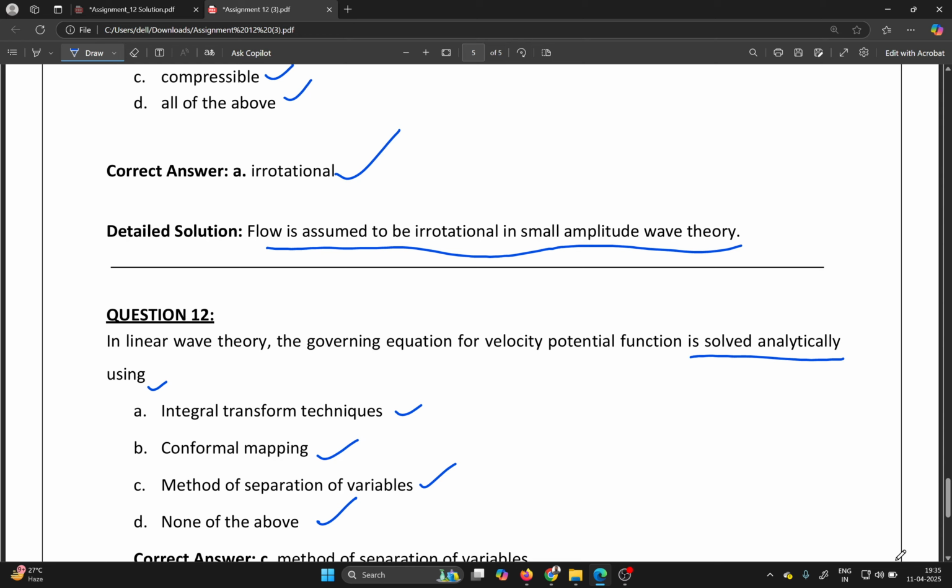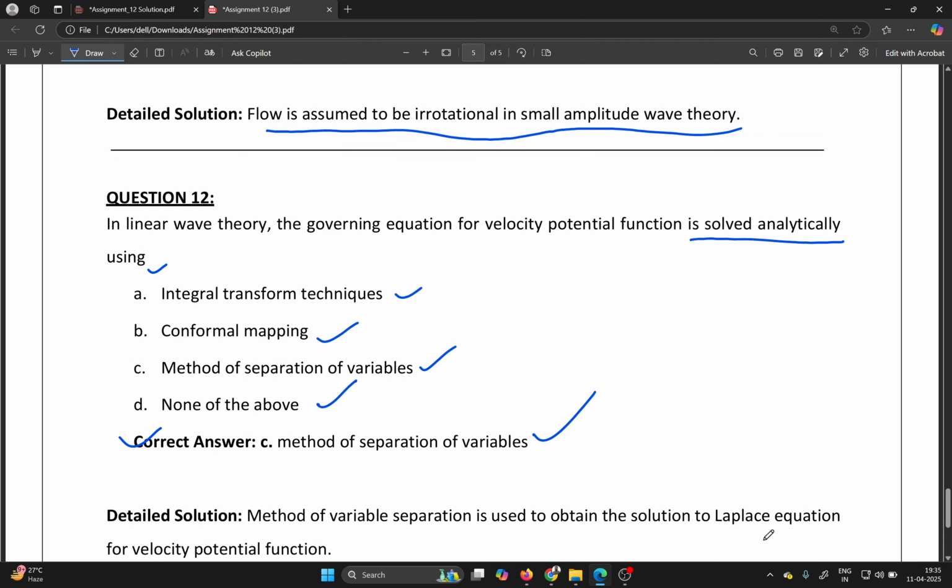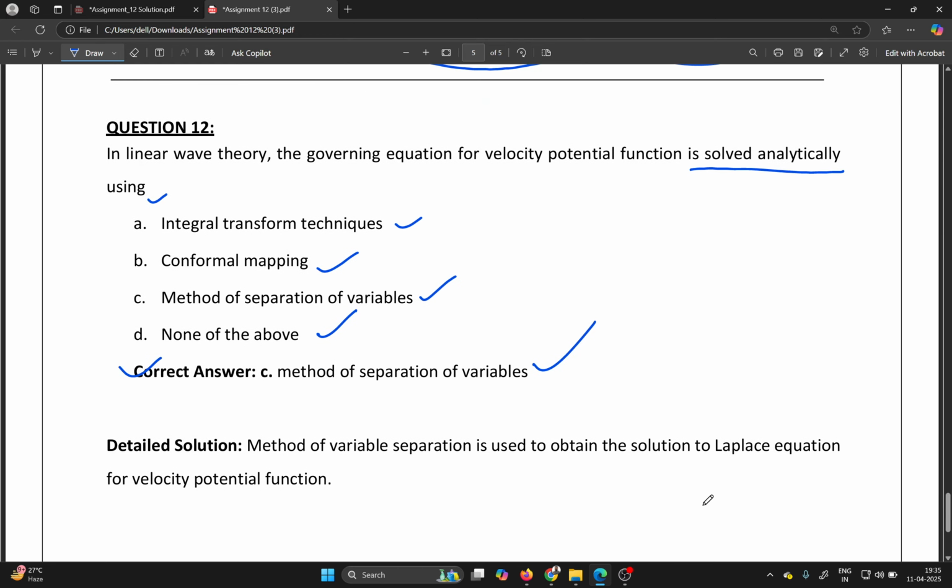Oh, here the answer is visible. Which option will be correct for question number 12? Definitely option C is visible, so C will be correct, method of separation of variables. Remember, please, the method of separation of variables is used to obtain the solution of the Laplace equation for the velocity potential function.